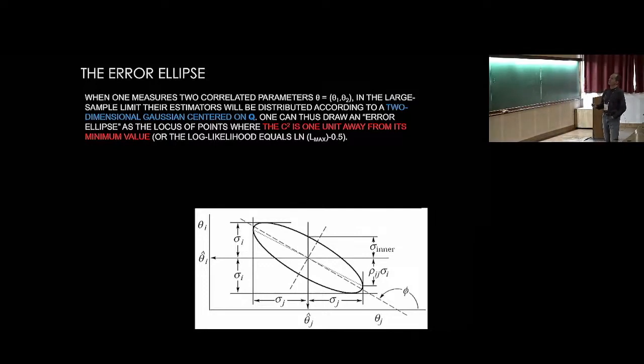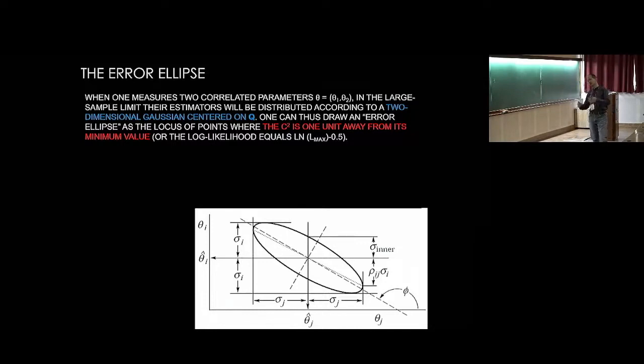So let's take, instead of x and y, we talk about theta j and theta i, okay? 2 parameters theta. And when we measure these parameters, and we measure it with lots of data, in the large sample limit, everything converges to a Gaussian distribution.